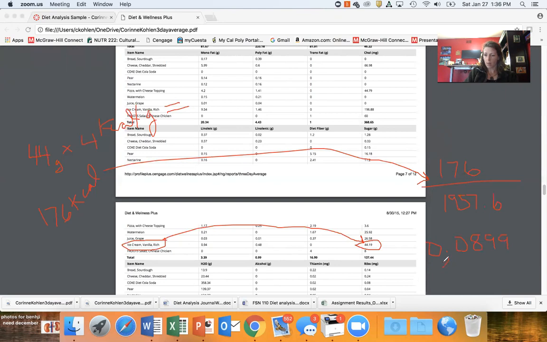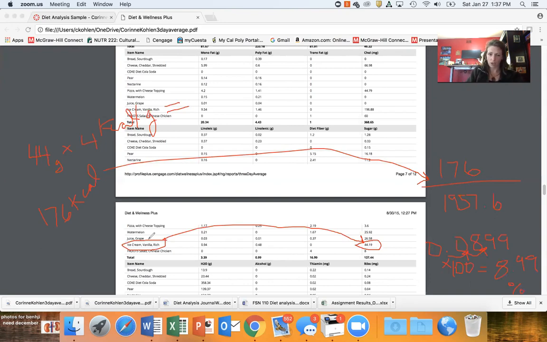I'm going to multiply by 100 to convert it to a percent, and I can just move the decimal place over 2 spots. And so I'm going to have 8.99, or you could round up to 9% of my calories from this day coming from these empty calorie sweets.